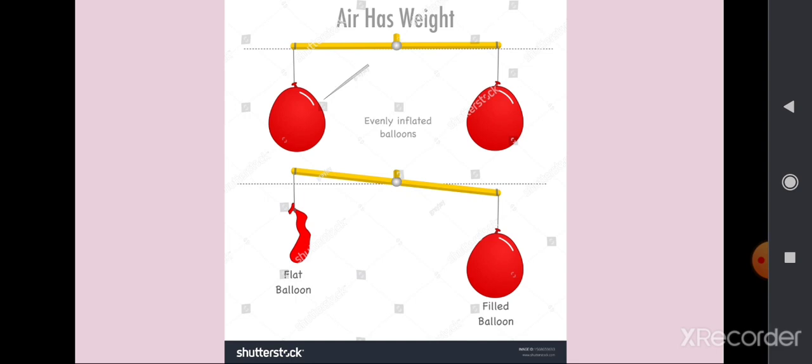Tie a short thread on the stick in such a way that the stick remains in a balanced position. Now, prick one of the balloons. As the air escapes from the pricked balloon, the stick tilts towards the side of the inflated balloon. So, air is matter and it has weight.